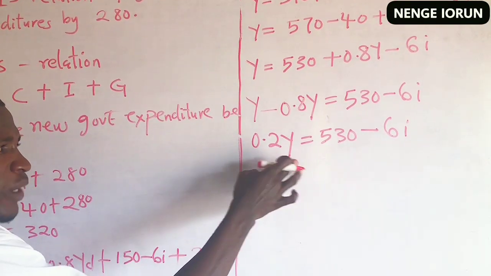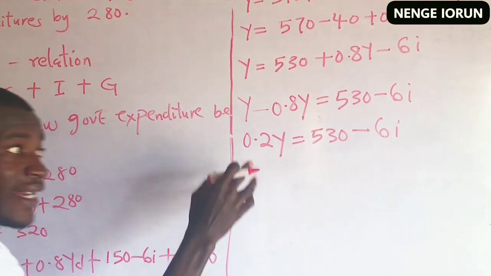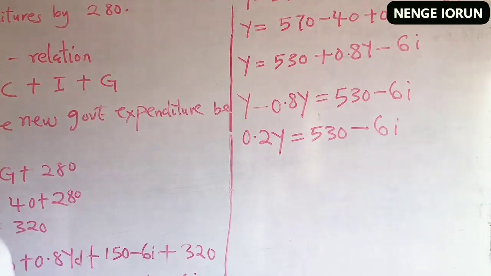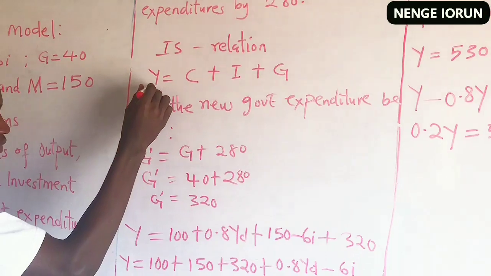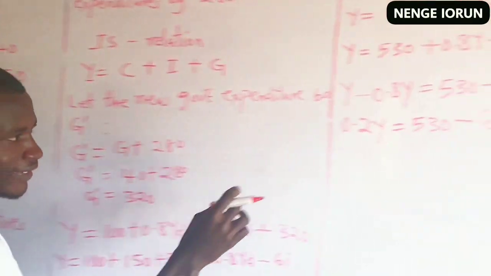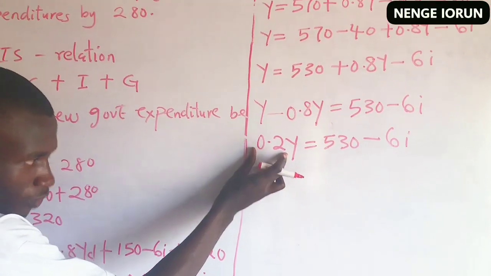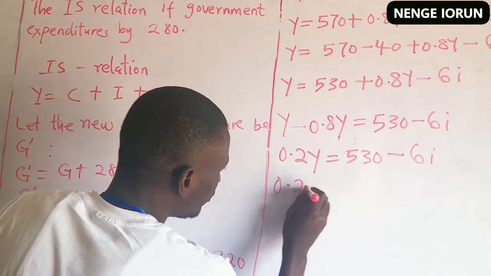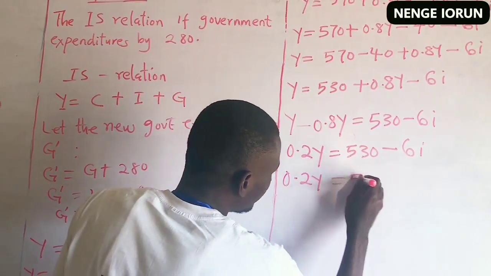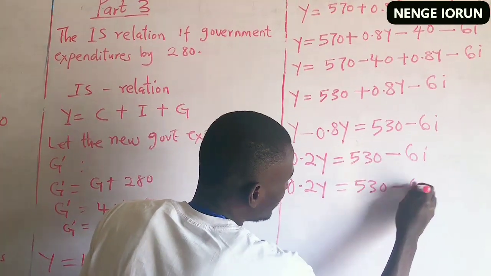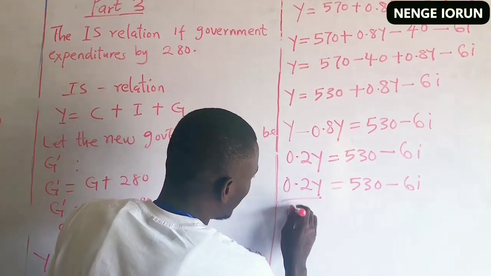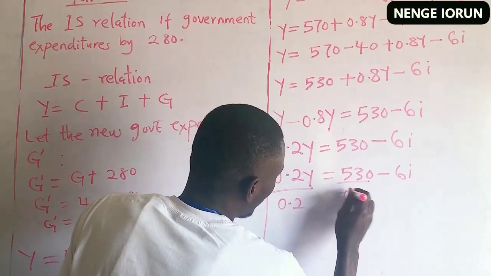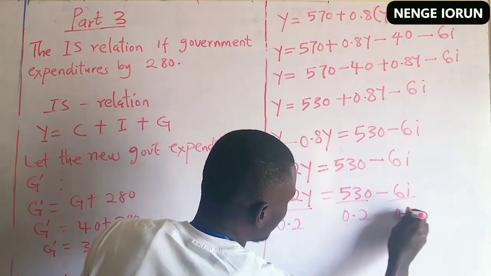To get the actual value of Y, let Y stand alone. We are going to divide both sides by the coefficient of Y, which is 0.2.